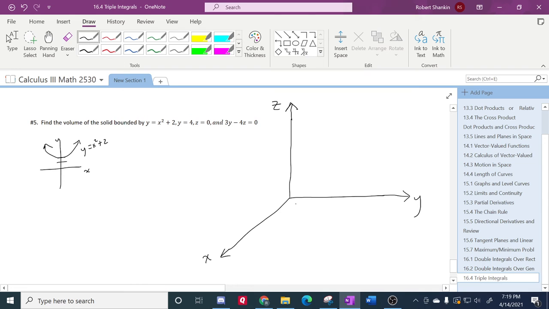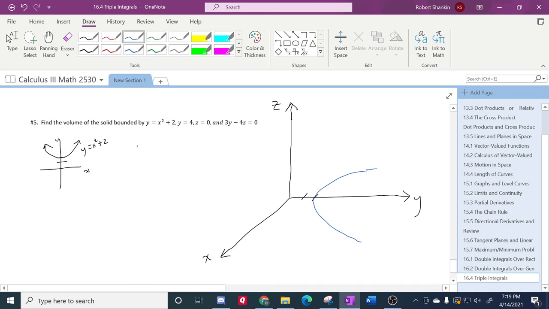Translating that over here, you go to the 2 on the y-axis, and then you have this parabola here.